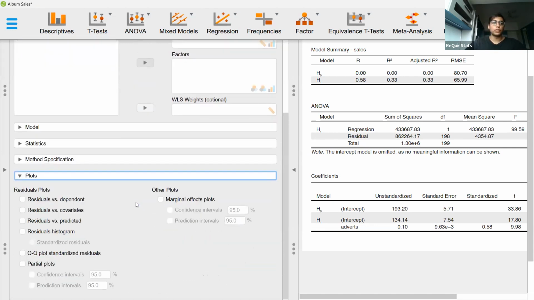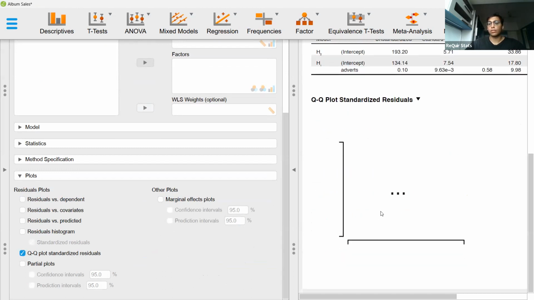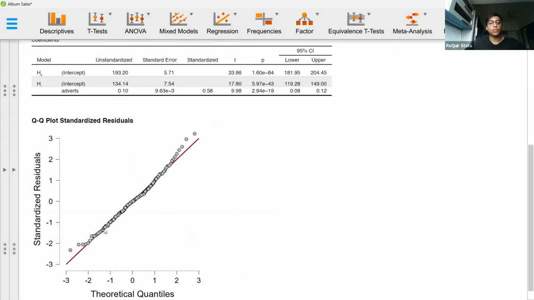And finally, plots. The important plot that we need to get is this QQ plot of standardized residuals. This will check for normality. If you remember, I talked about QQ plots during t-tests. Basically, if all of these points fall on a straight line, very closely knit to each other, your data is normally distributed.